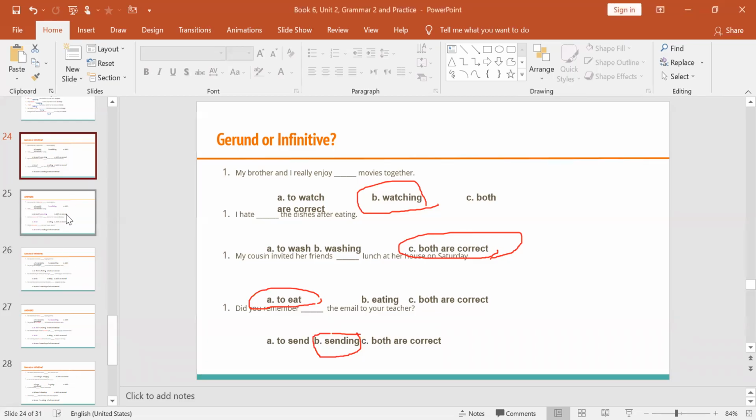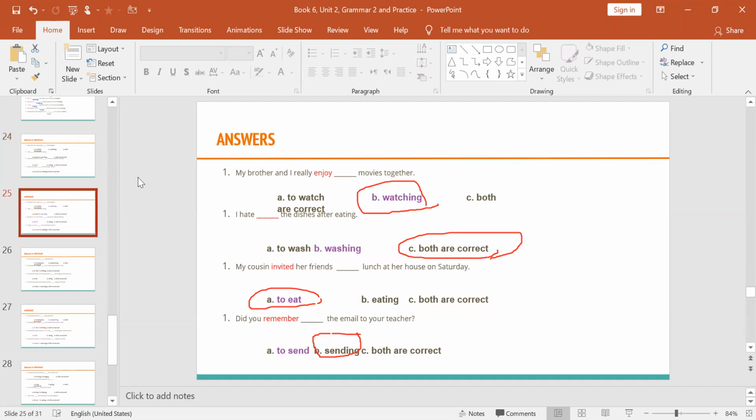Good. And so as we see, the second one is actually just washing.